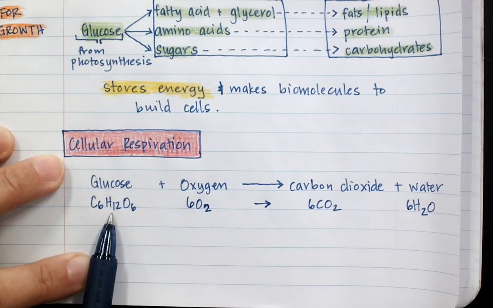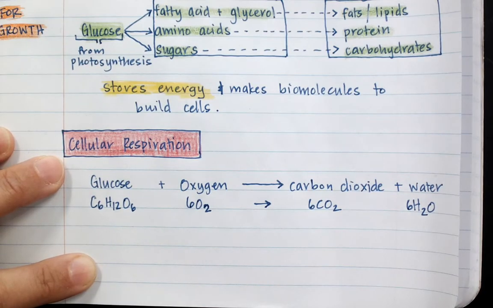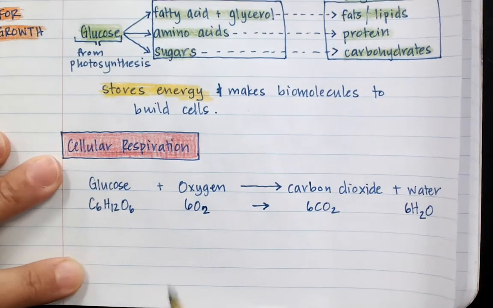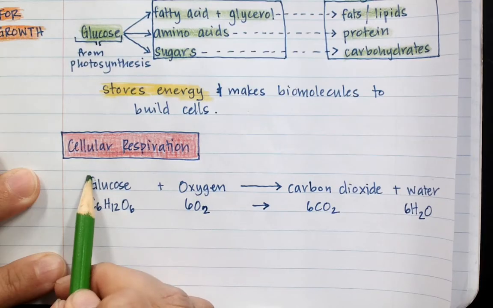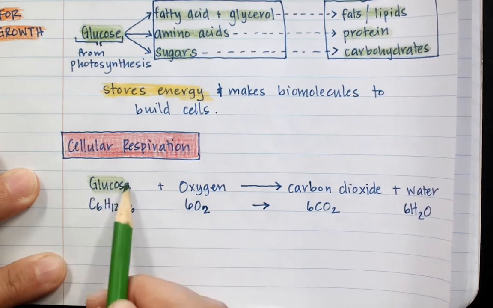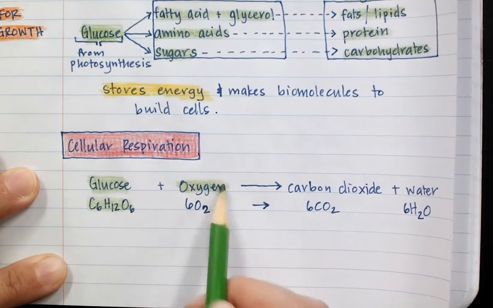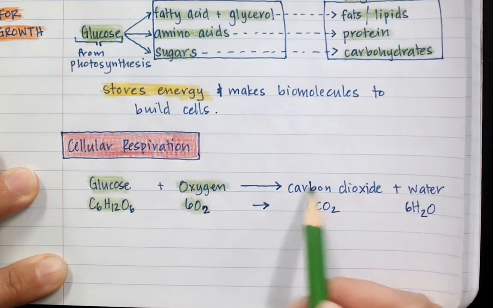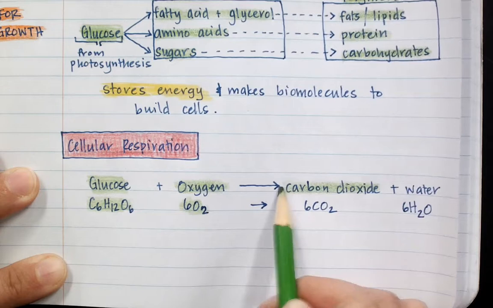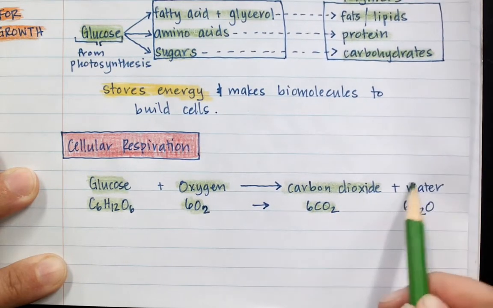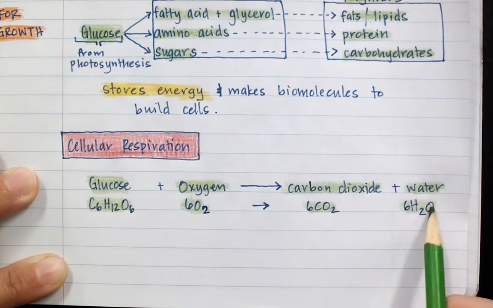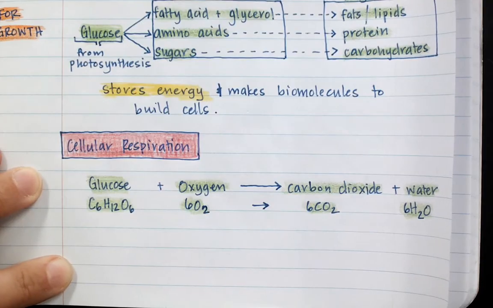And remember, it only takes 1 of those glucose. So get your green colored pencil. These are my molecules. So I've got glucose, oxygen, carbon dioxide, and water. Those are molecules. So this is talking about the change in matter.